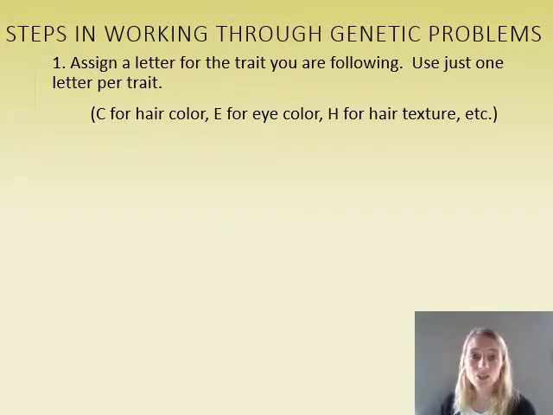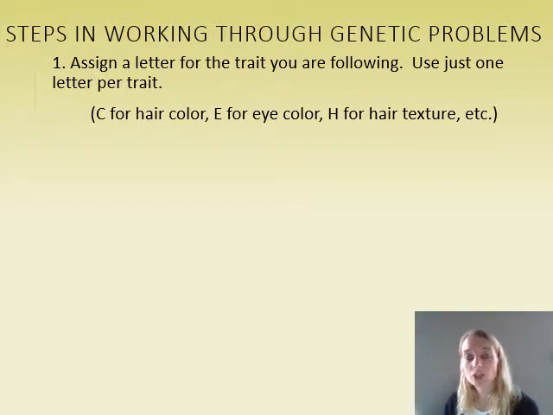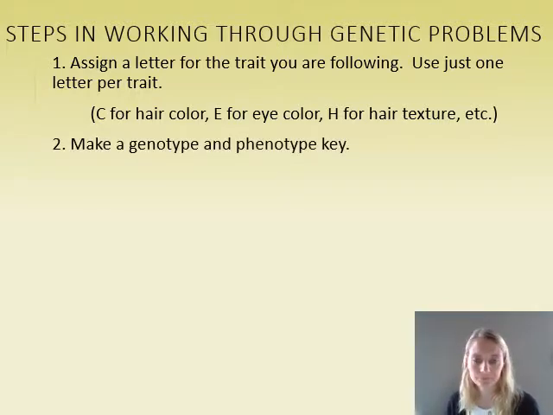I usually like to use letters where there's a clear distinction between the capital and the lowercase, like H's and E's and B's and D's. When you get into things like C's or S's, it's a little harder to tell the difference between the dominant and the recessive. You just have to draw it in a different size because the shapes of the letters are basically the same.